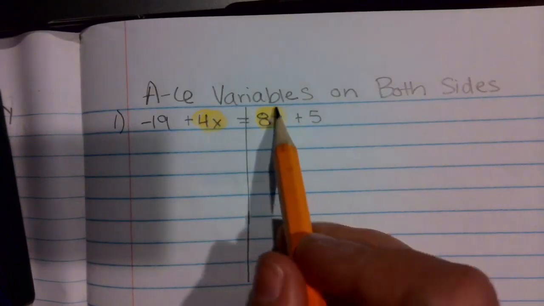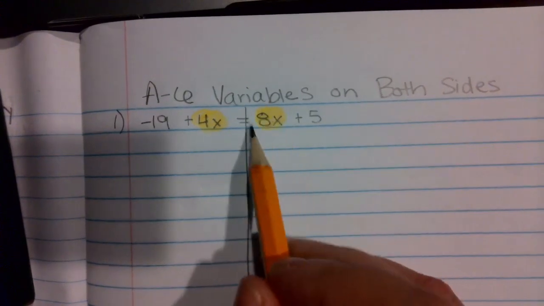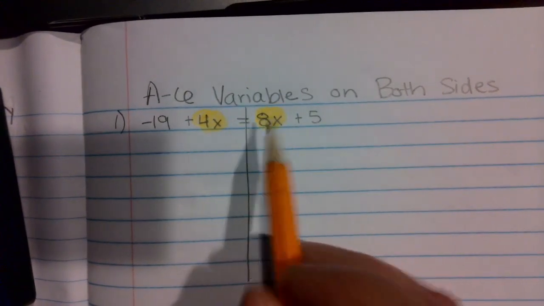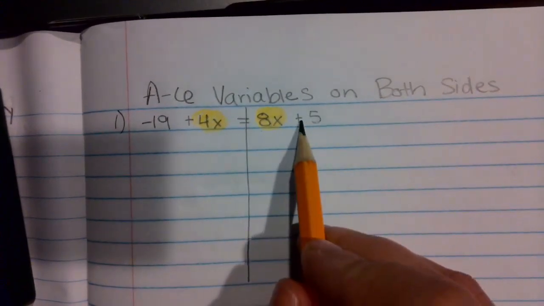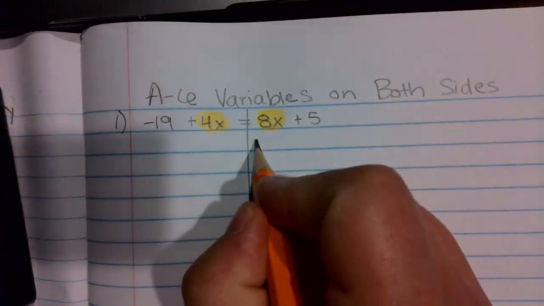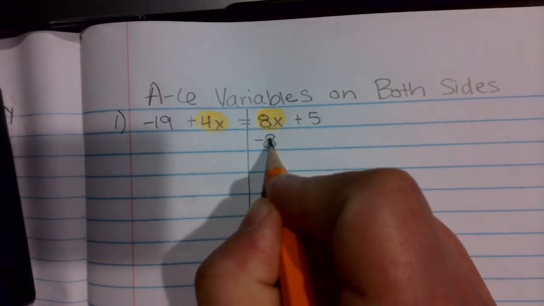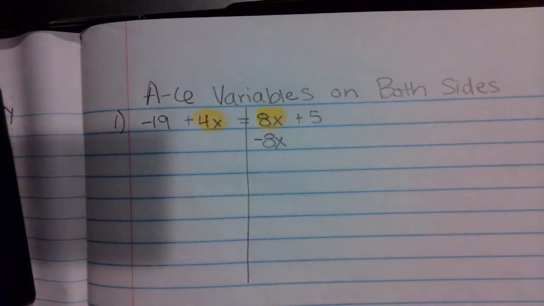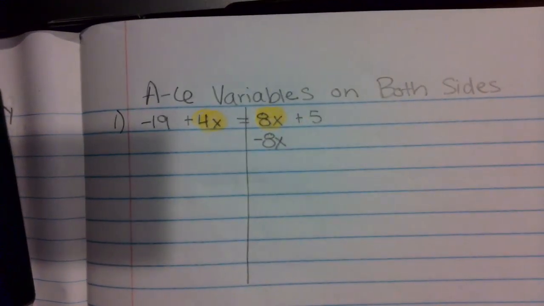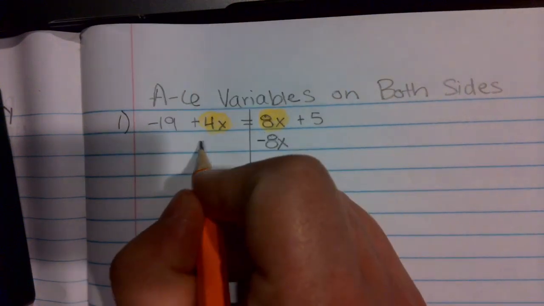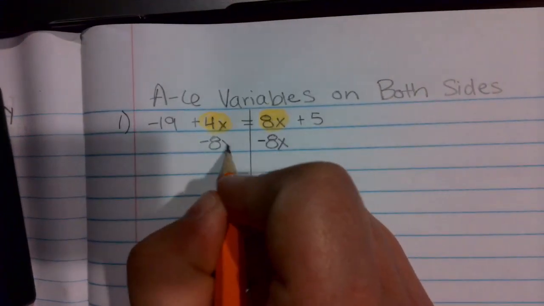So to get rid of this positive 8x, I have to think what's opposite of adding 8x, and that would be a minus 8x. But again, if I do it to one side, I have to do it to the other side. So I'm going to do minus 8x on the other side.